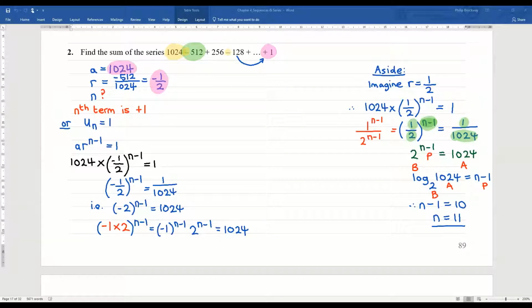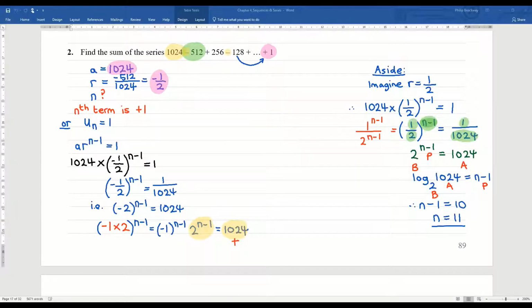And this is where, again, you're going to have to use common sense at some stage here. The answer is very clearly positive, isn't it? Now 2 to the power n subtract 1, is that a positive or a negative value?